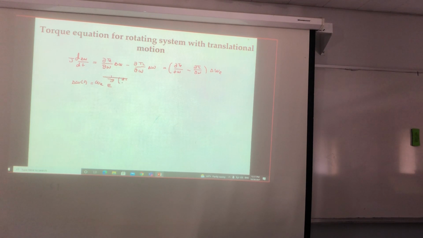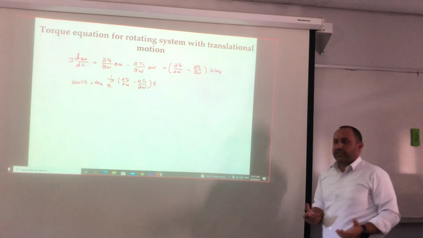Partial T by partial omega minus partial TL by partial omega, multiplied by the t, correct? Yeah?